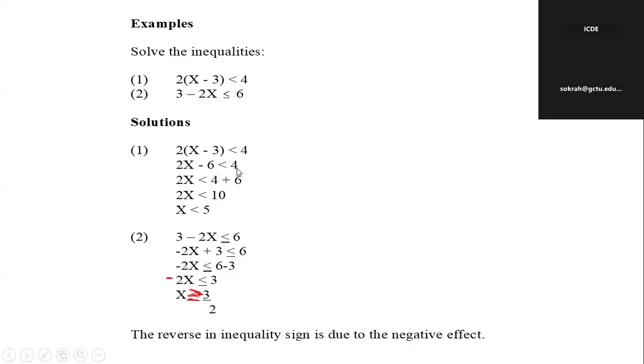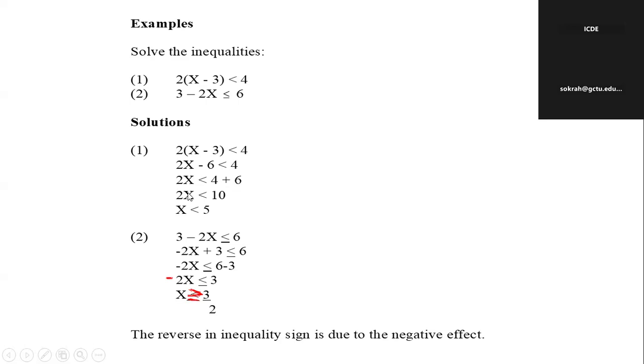Then we try to make x the subject, so we group like terms. This negative 6 will move across the inequality sign, and the same principle applies: once it crosses, the operational sign on it changes. So you have 2x less than 4 plus 6. So 2x is less than 10, because 4 plus 6 is 10.